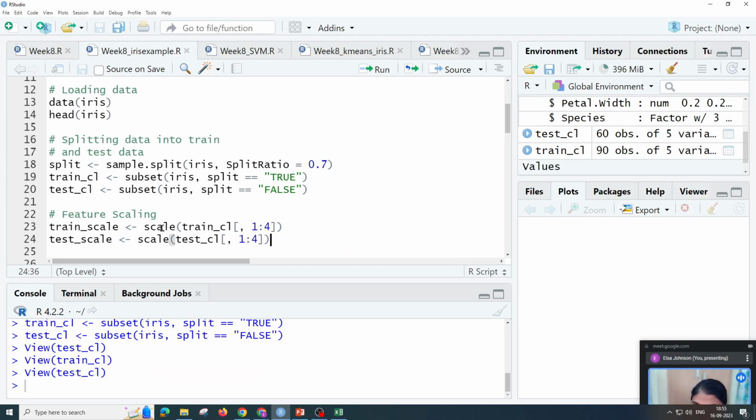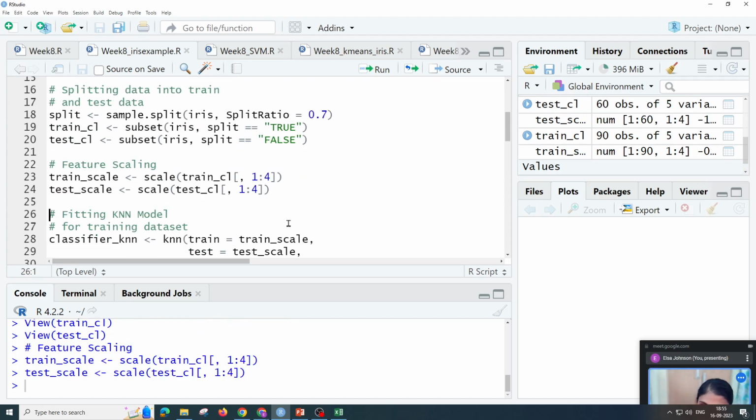In this case, for feature scaling we can do it like this. In R, for those of you who have worked in Python, you might have seen scale, fit_transform and transform. This is a similar method to what is used in Python.